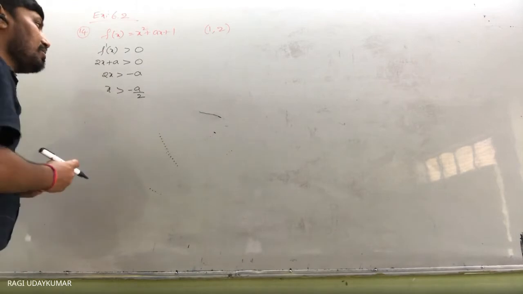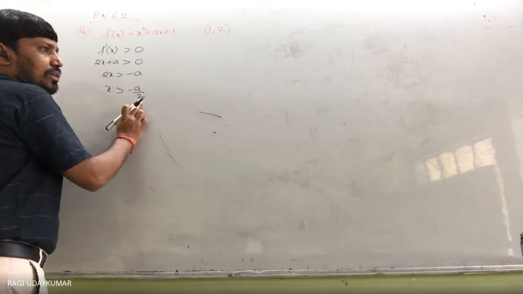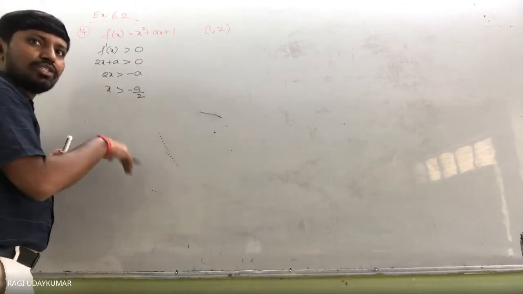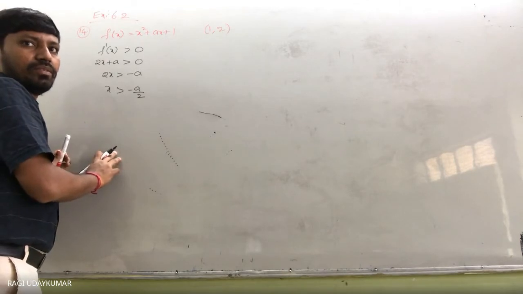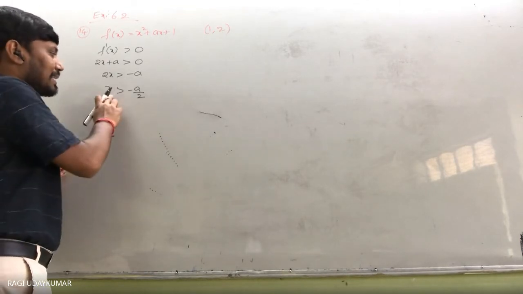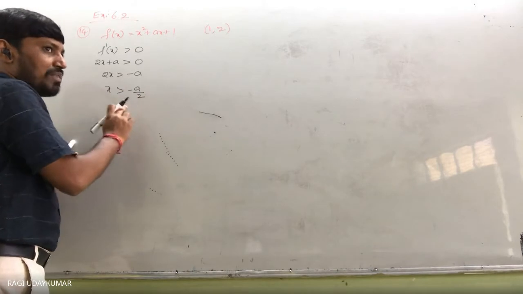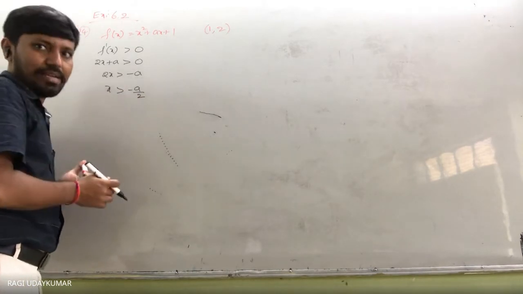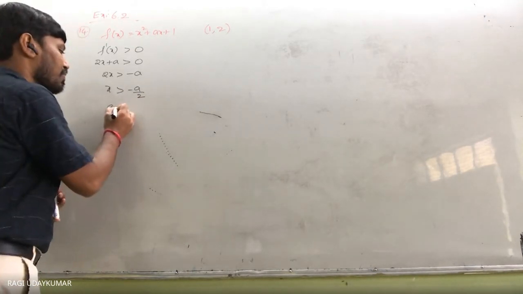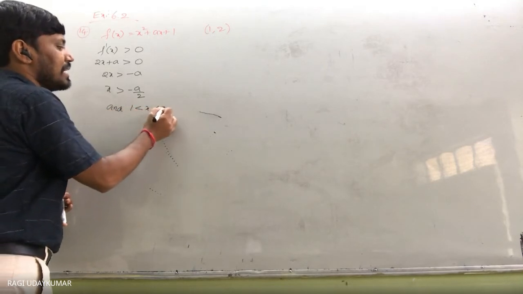So what is the least value of a? To find the least value of a, take the least value of x, because x is greater than minus a by 2, and 1 less than x less than 2.